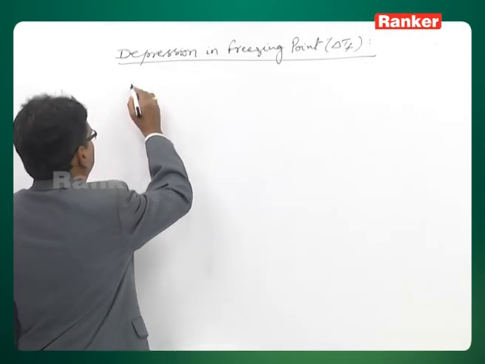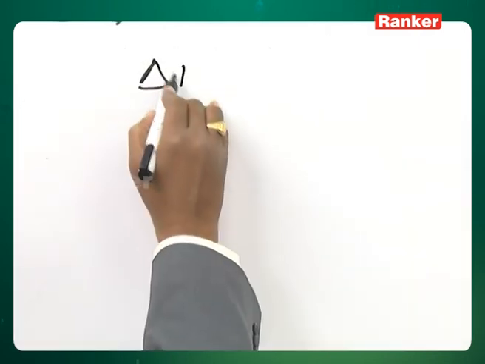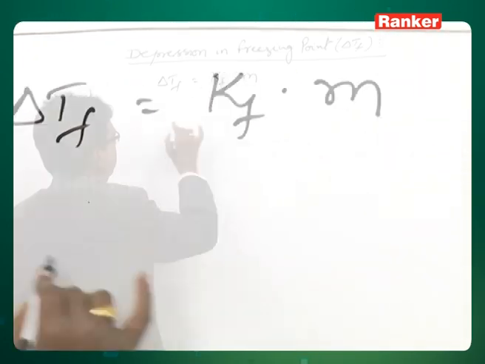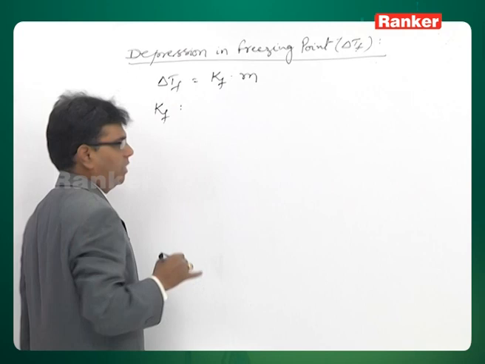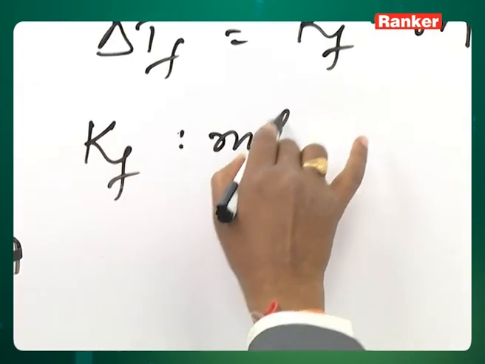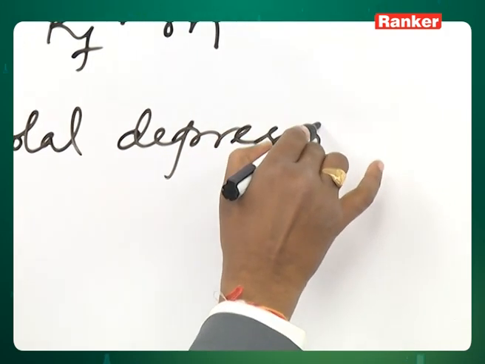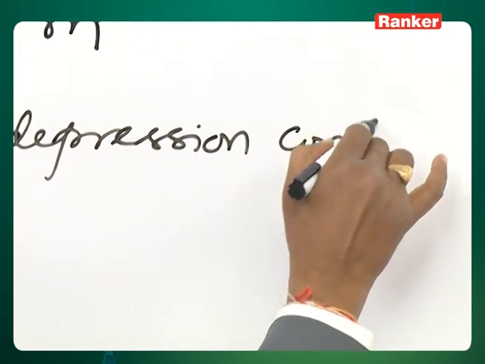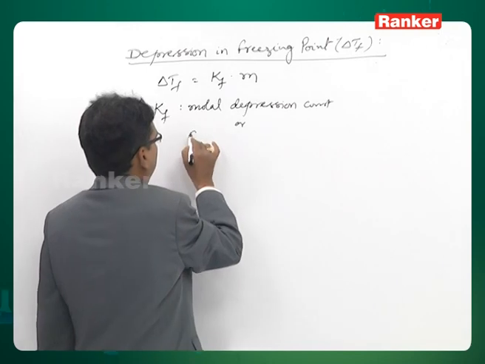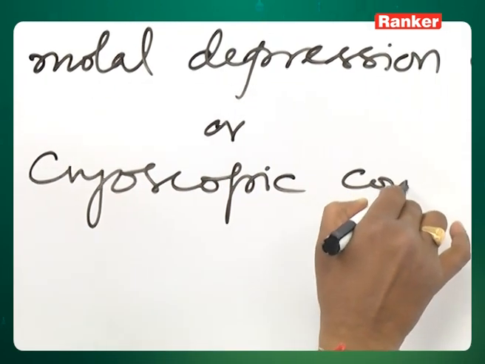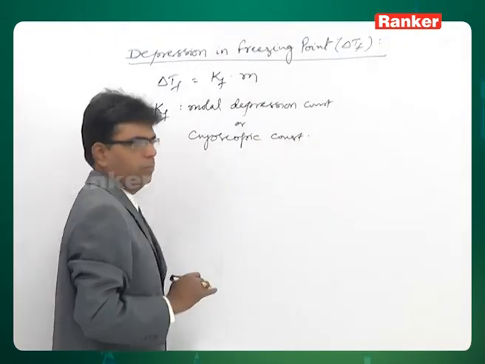So, depression in freezing point: delta TF is equal to Kf into molality, where Kf is what we are calling the molal depression constant or cryoscopic constant.